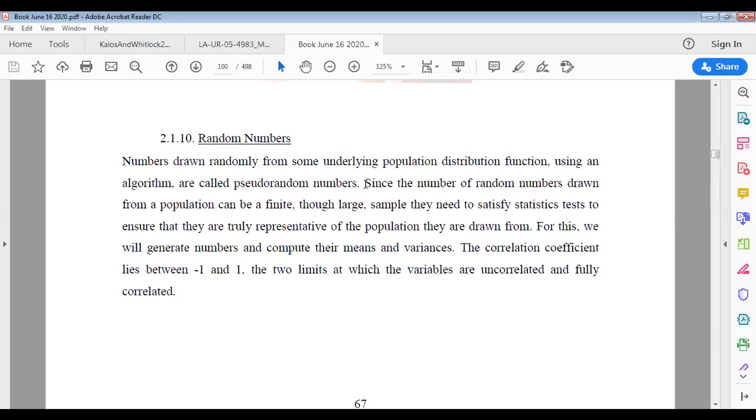Okay, so the number of random numbers that you can draw from a population is of course finite, though large. So you need to sample from a population, and you must make sure that they truly represent the population that you are looking at.